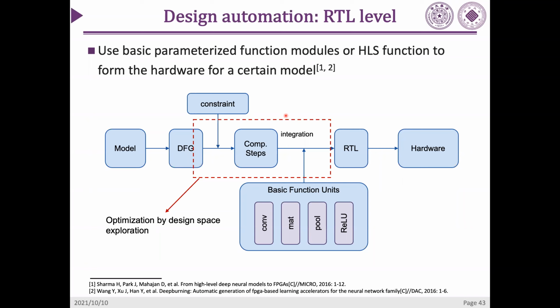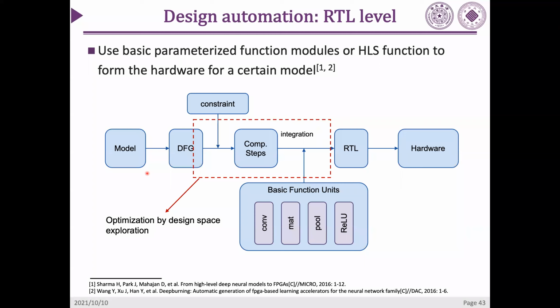At the hardware level, the work of design automation is to select the best accelerator parameters for a specific model and automatically generate the computing units with the best parameters by using templates or high-level synthesis functions.